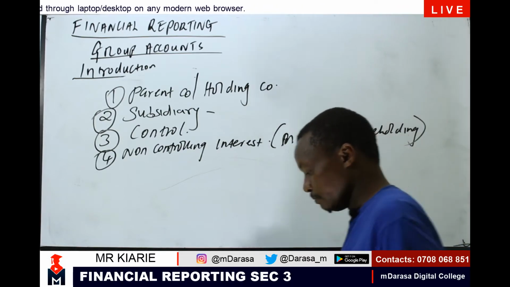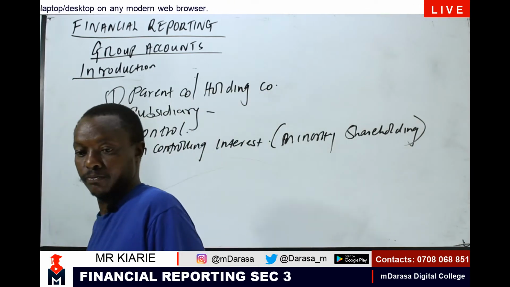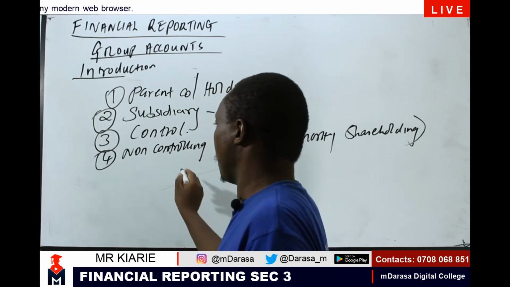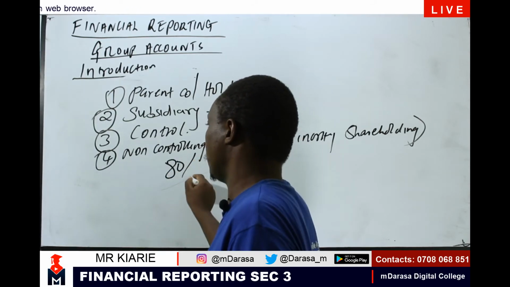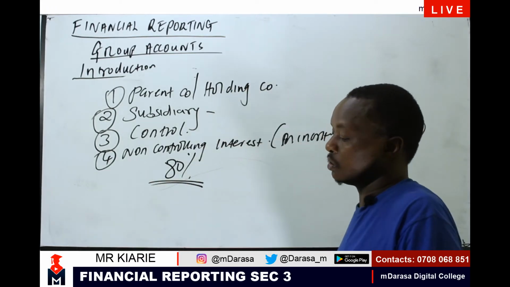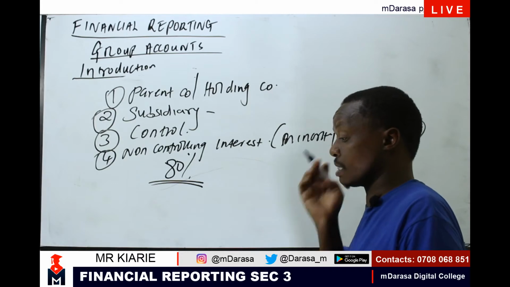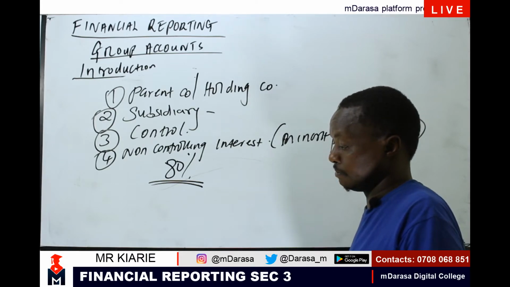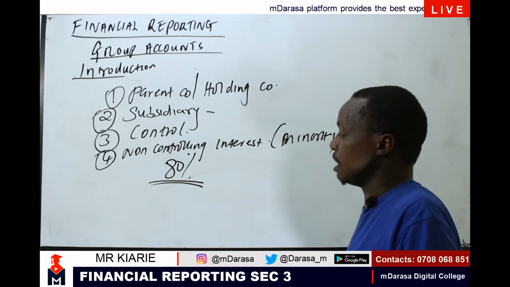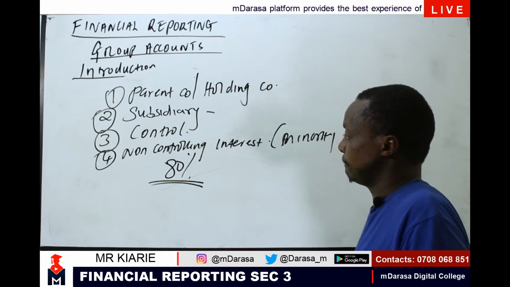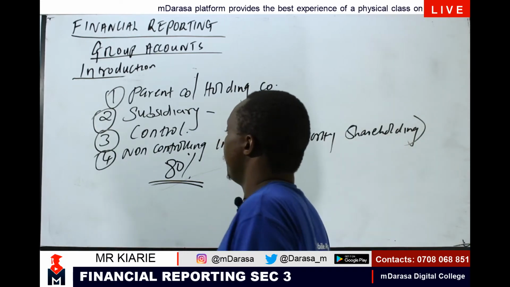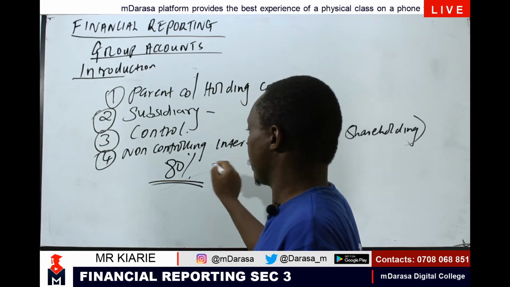For example, where the parent company controls 80% of a subsidiary, we denote the non-controlling interest as NCI.